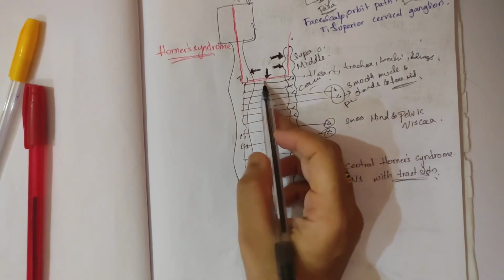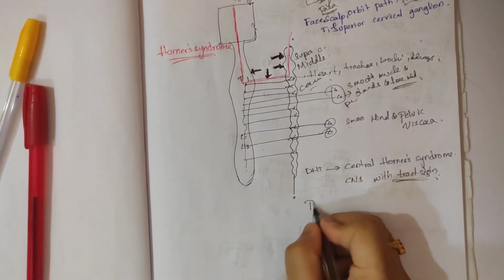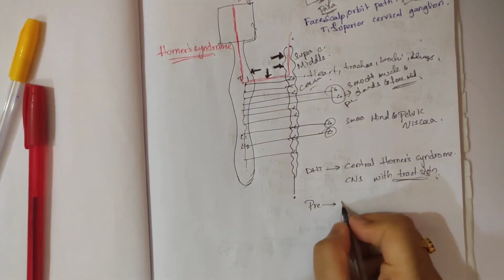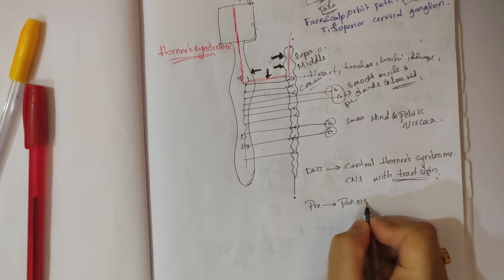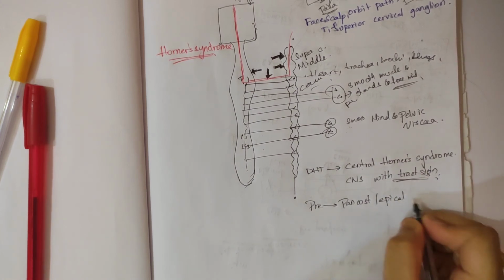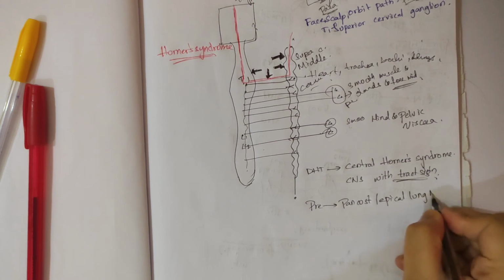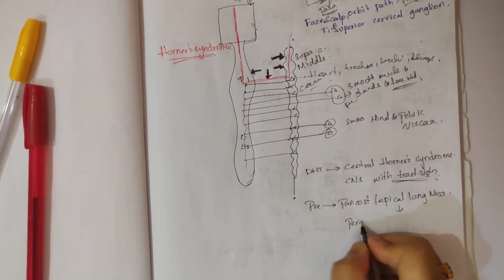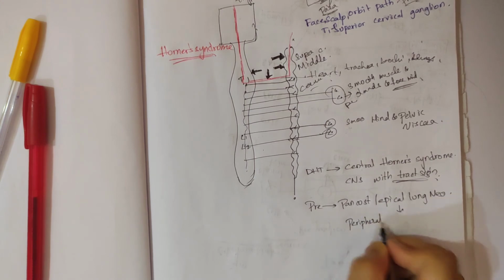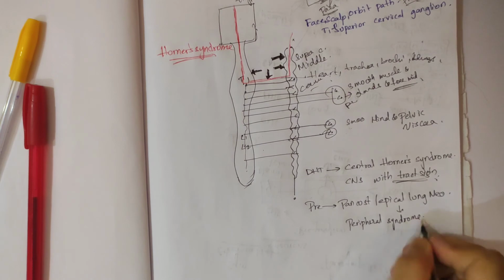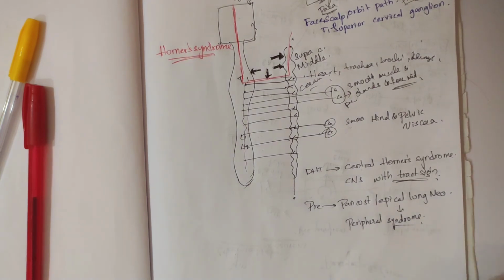So these are preganglion. So I'm writing preganglion, Pancoast or apical lung neoplasm, that is peripheral Horner syndrome. So just remember that.